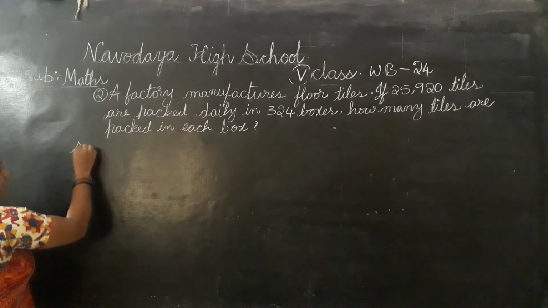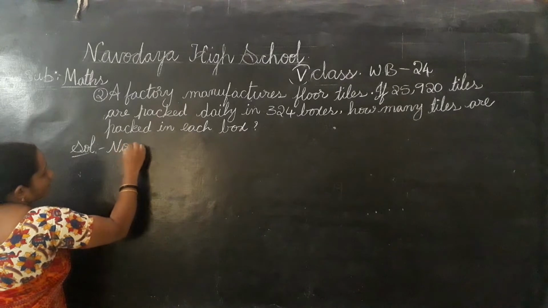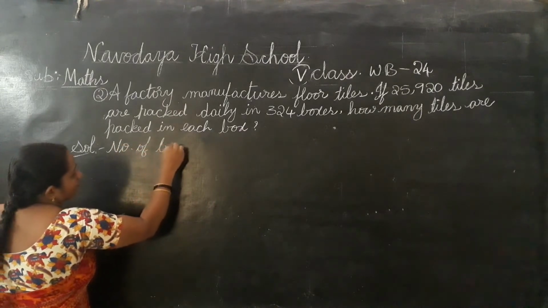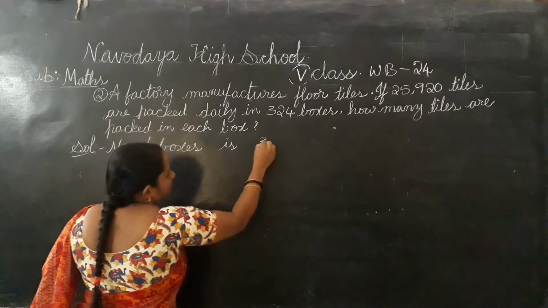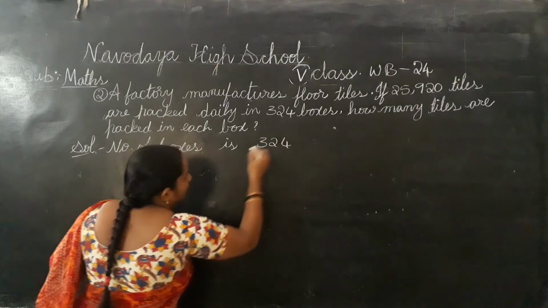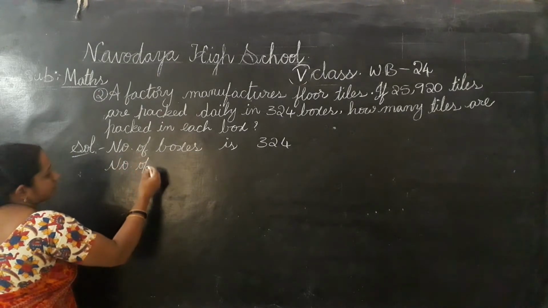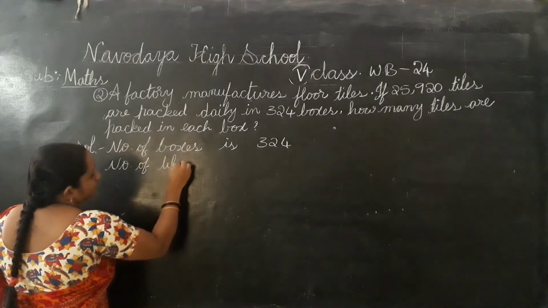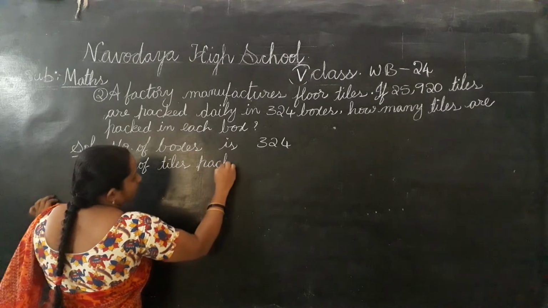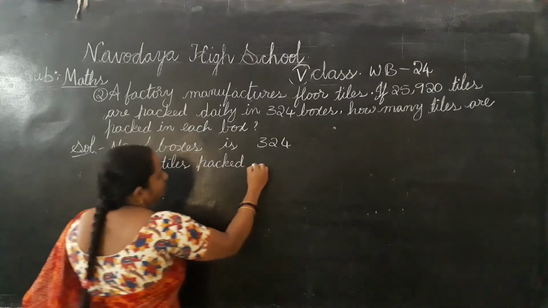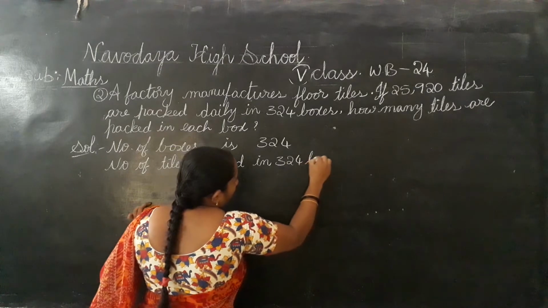Number of boxes is 324. Number of tiles packed in boxes.